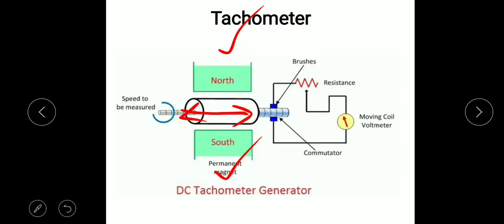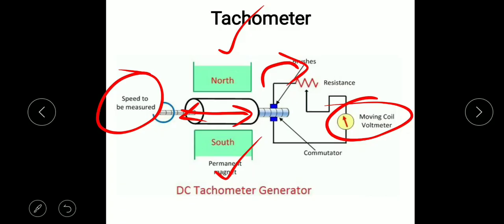Power moves towards the voltmeter through a variable resistance, and by measuring the voltage we can determine the speed. This is the working of a tachometer.